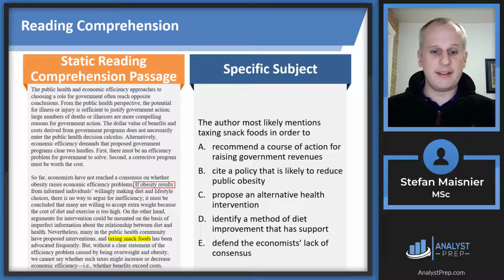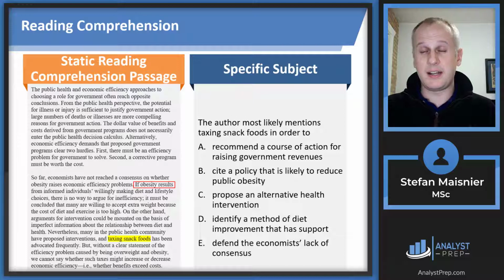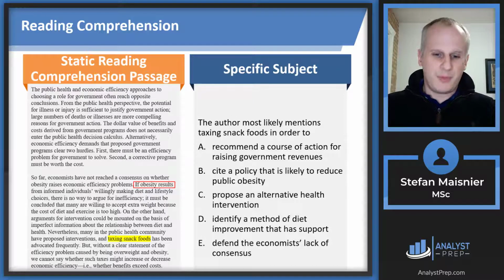But on the other hand, we've got arguments that could be mounted on the imperfect information, and even with this imperfect information, from the economic perspective, there are many in the public health community proposing interventions on behalf of the obese and the overweight, and taxing snack foods has been advocated frequently.